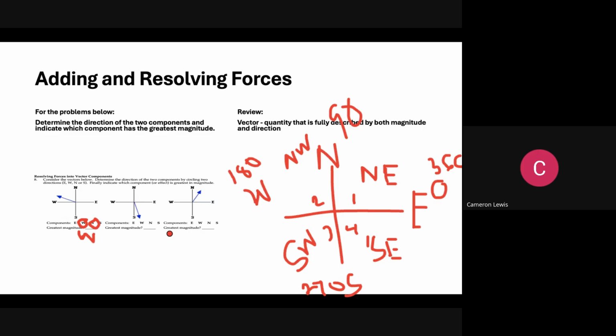Let's do the next one. What are the components for this vector in the middle? Southeast. So we got east and south, and which one is the greatest magnitude? South, because it's closer to the south. Good. Let's go to the next one.